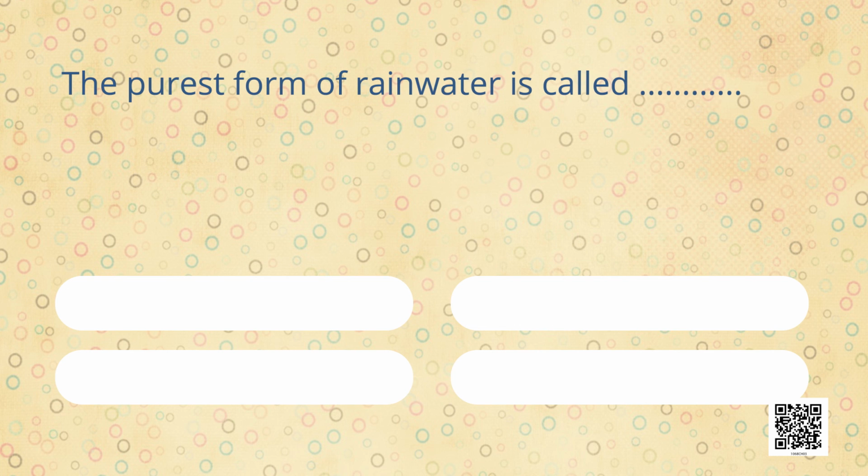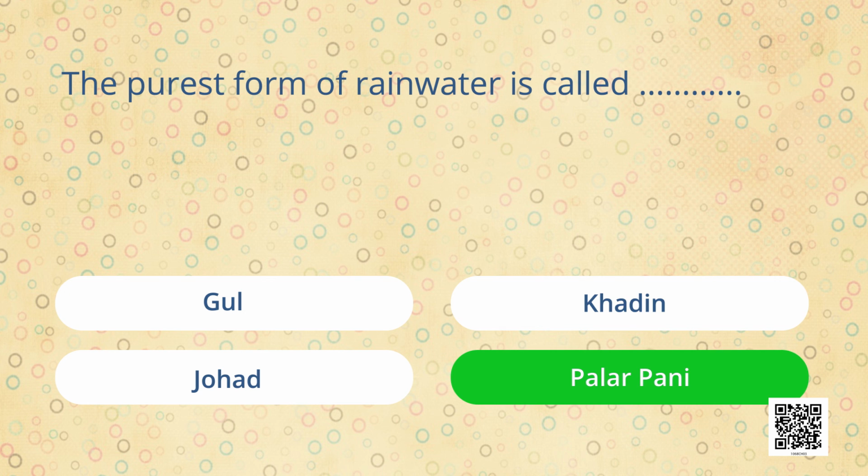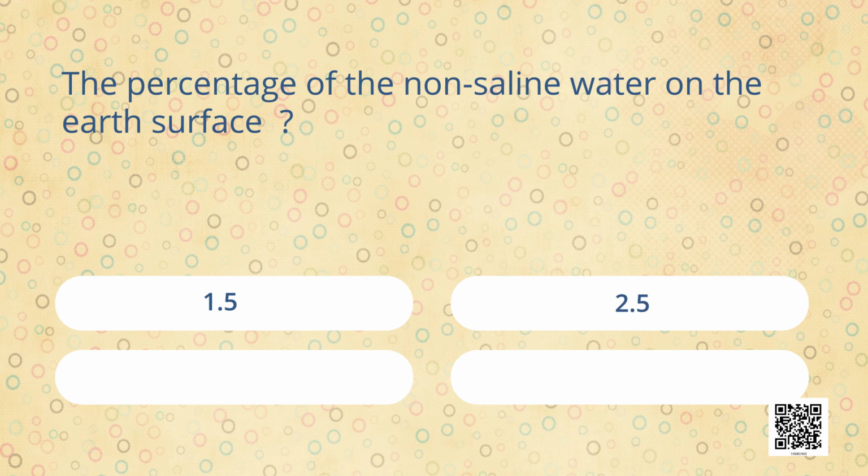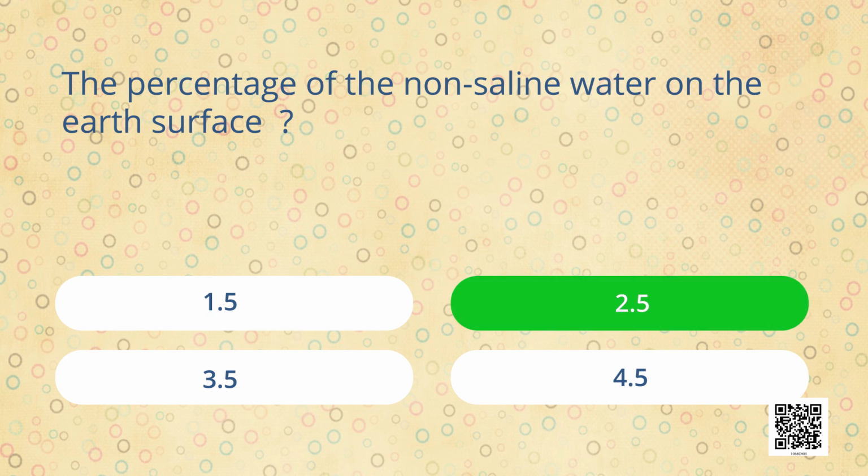Next, the purest form of rainwater is called Gul, Khadin, Johad or Palar Pani. Correct answer is Palar Pani. Next question. The percentage of non-saline water on the earth's surface is: first 1.5, second 2.5, third 3.5, fourth 4.5. Correct answer is 2.5.